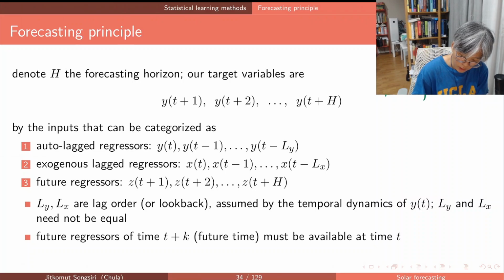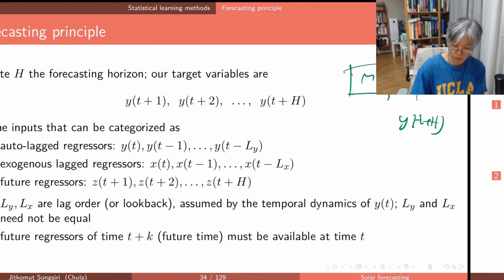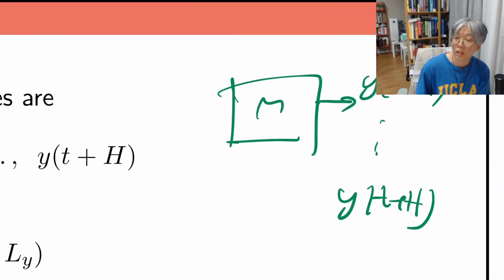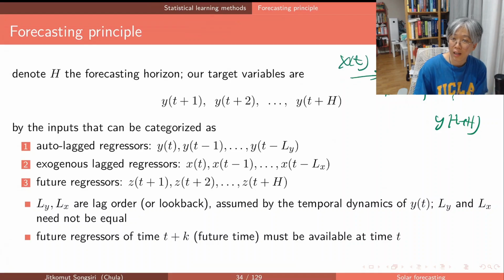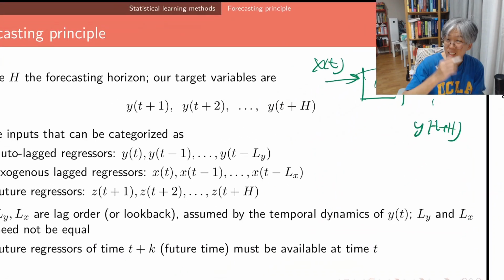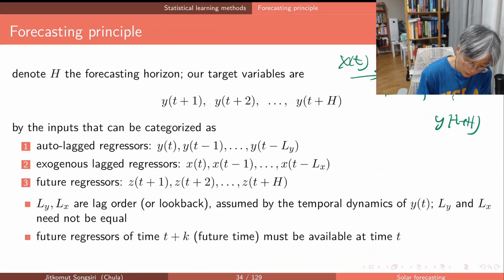Basically you're going to have multi-step output, Yt+1 to Yt+h. Now we're going to give the detail of the input. The notation xt that we have here as the input consists of a lot of variables, and let me categorize them into three groups.